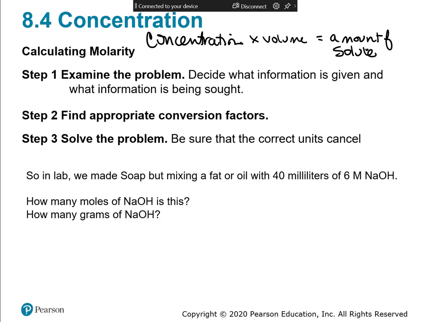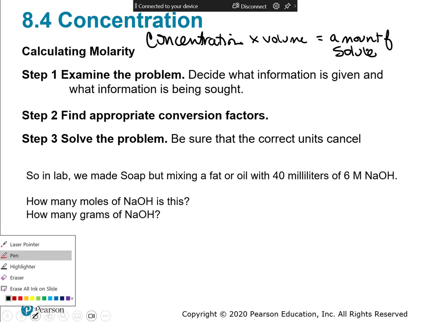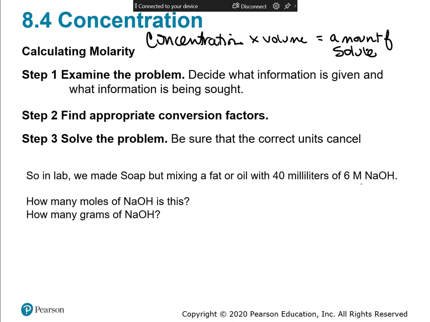So in lab, we made soap and we mixed a fat or an oil with 40 milliliters of 6 molar NaOH. So the question is, 1, how many moles of NaOH is this? And then 2, how many grams would that be? When you see that capital M, the first thing to do is change it to what? Molarity is concentration, and here's volume.